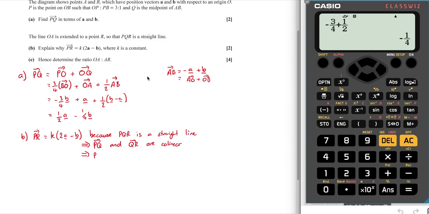So that means that PQ and QR are parallel and they pass through the same point, but that's not relevant here.